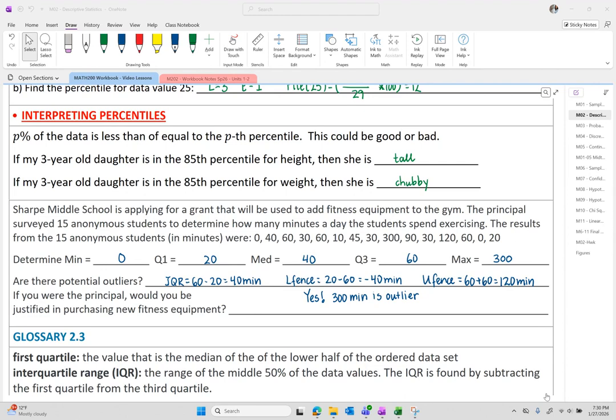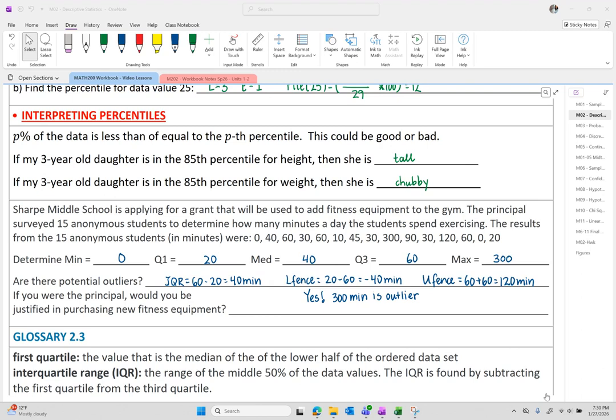So the lower fence and the upper fence are 60 minutes below quartile 1 and 60 minutes above quartile 3. So reasonable values for use of equipment would be negative 40 minutes to 120 minutes. And we do have one student who spends 300 minutes a day exercising. And that is our outlier.